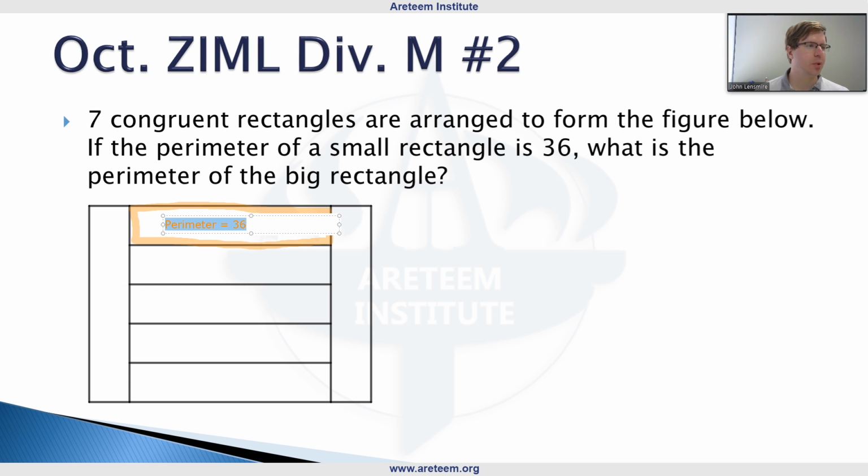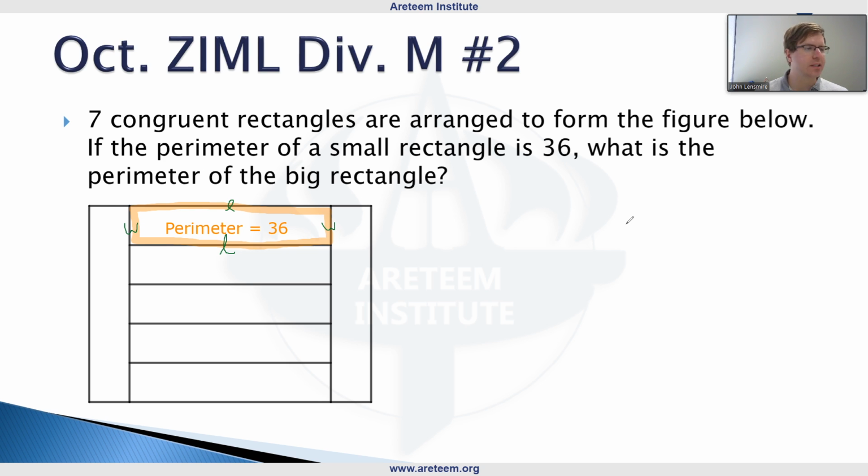Okay, a lot of people are saying 72 in this case. There are lots of different ways to go about solving this. You can think about the perimeter of the little rectangle. Let me do a nice little argument here.